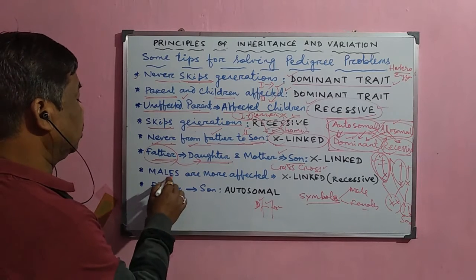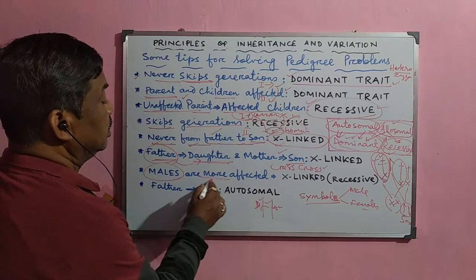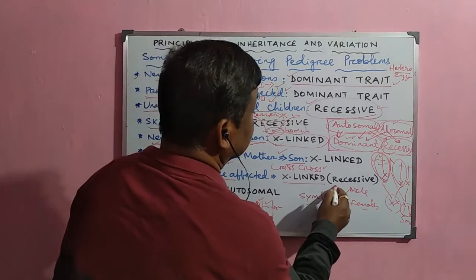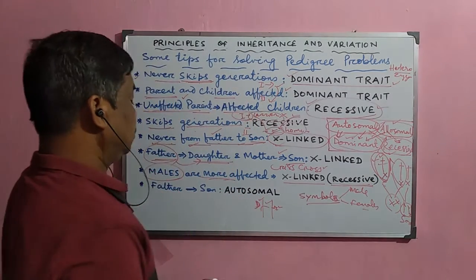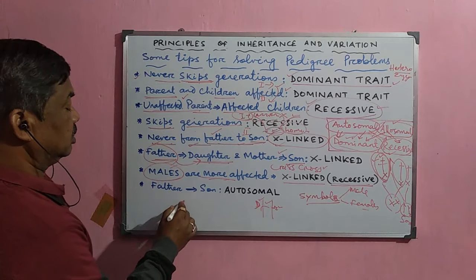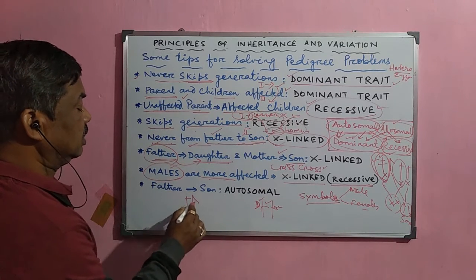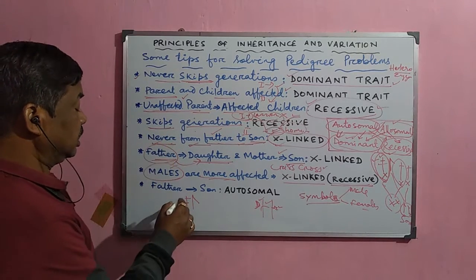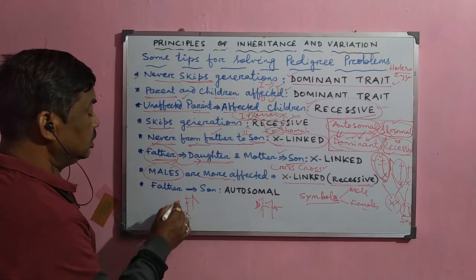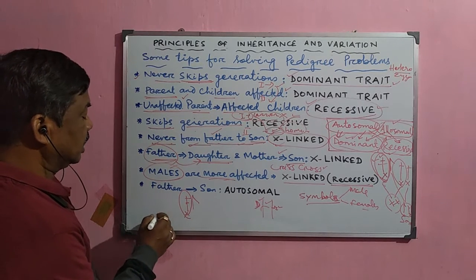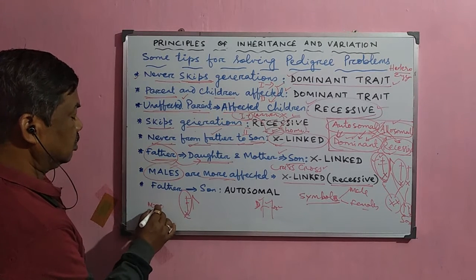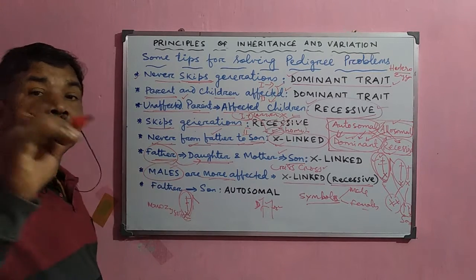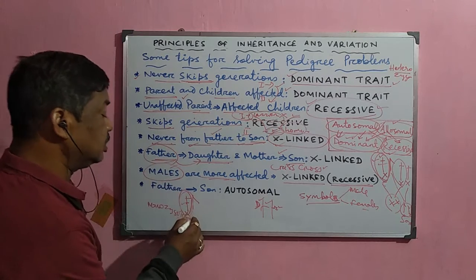Now, males are normally more affected in comparison to females. Why? In the case of X-linked recessive genes, males have one X chromosome and one Y. So if a recessive allele responsible for the disorder is present, as it is the hemizygous condition, with only one X chromosome, then even if the disorder is in a recessive gene, it is expressed.